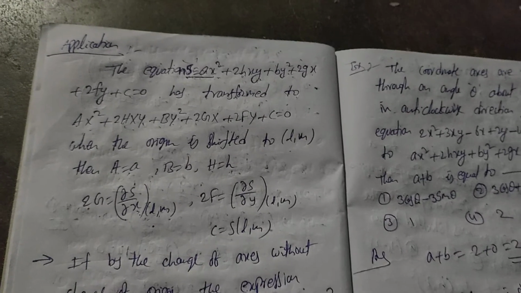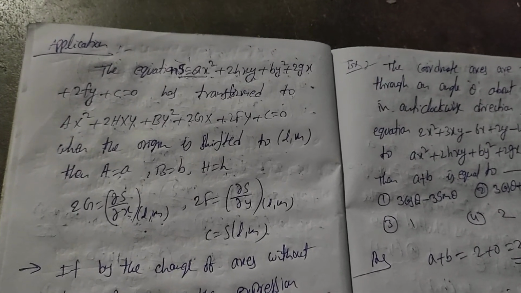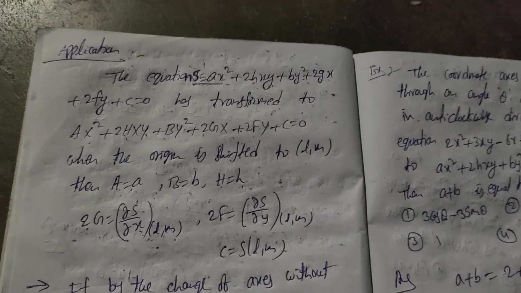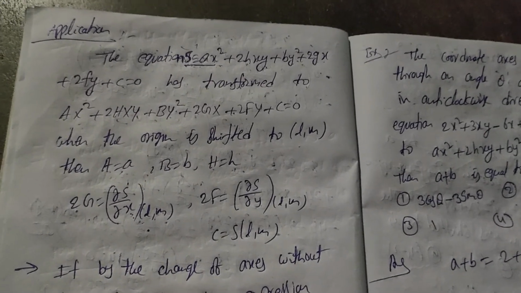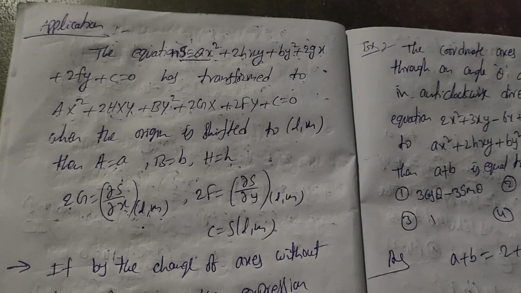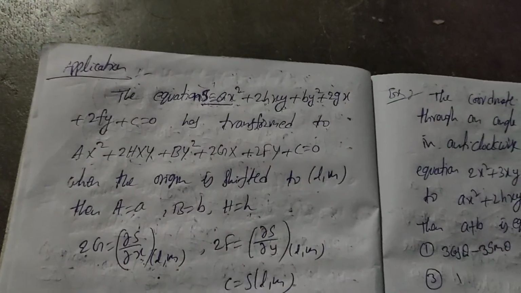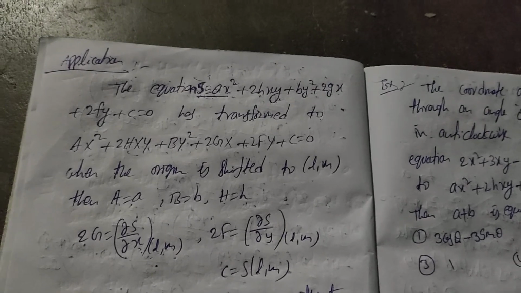I will explain, but you just remember how to do partial differentiation. Partial differentiation means we have to do the differentiation with respect to x. If you know differentiation, fine. If you don't know differentiation, stop this question until you complete differentiation. Just remember the formula, and whenever you have this application, apply it after completing differentiation.